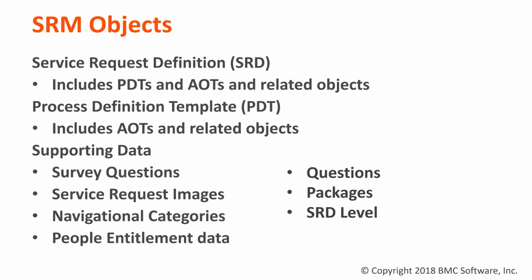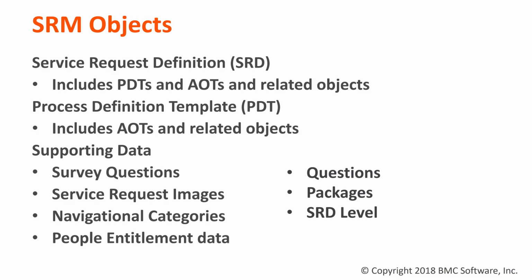Let me go through the SRM objects that are covered by this export and import in both cases. Firstly, the service request definition, referred to as the SRD. When that option is selected for an export, it will also bring with it the related PDTs and AOTs and other related objects.